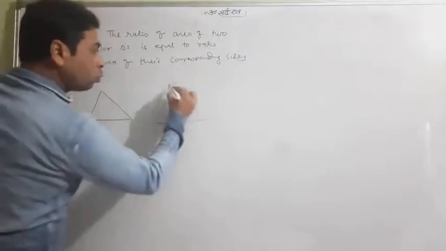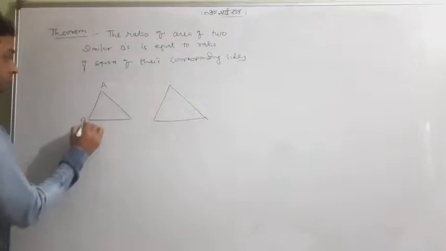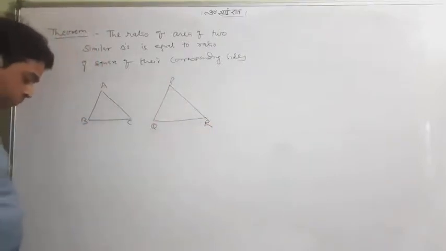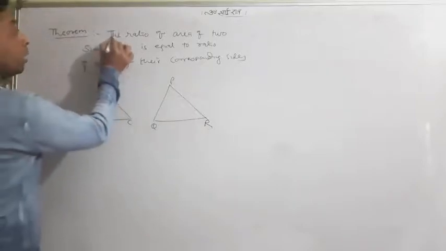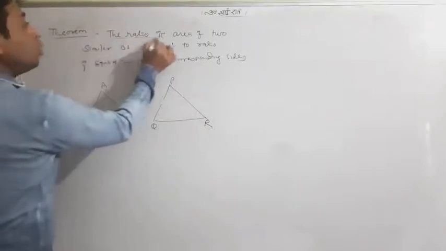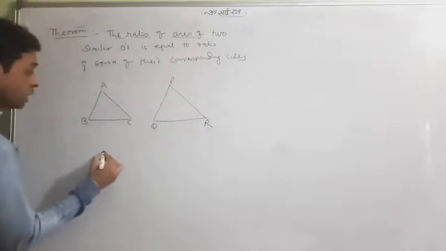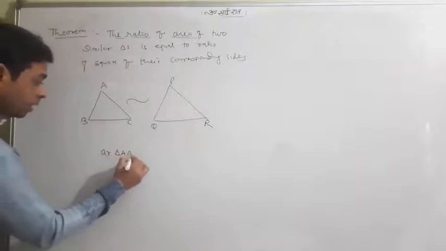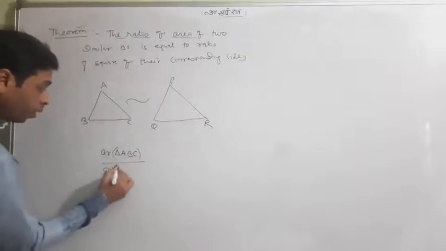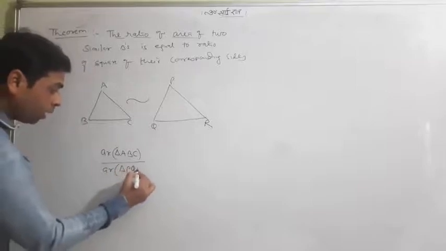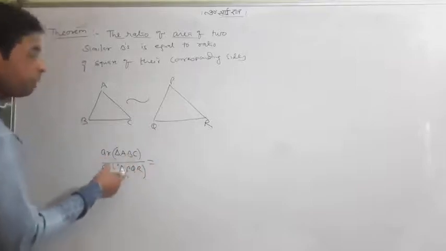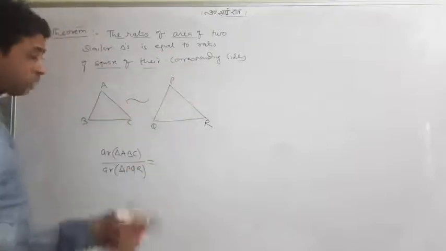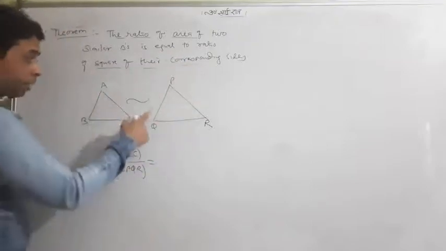Suppose we have two triangles ABC and PQR. According to the statement, the ratio of areas of two similar triangles, these two triangles being similar, area of ABC upon area of triangle PQR is equal to the ratio of the squares of their corresponding sides. The corresponding side of AB is definitely PQ.